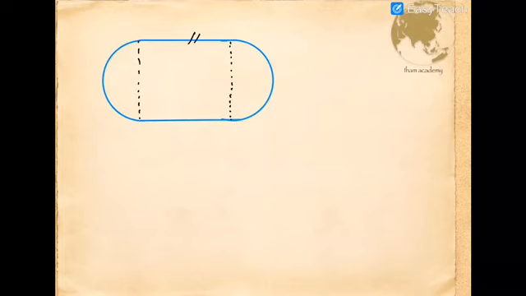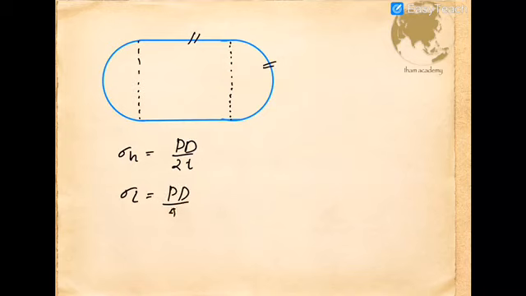In some situations, there will be a combination of cylindrical as well as spherical shells. In such a condition, there is something important you have to remember. The hoop stress developed in the cylindrical shell will be PD divided by 2T, and the corresponding longitudinal stress in the cylindrical shell will be PD divided by 4T.